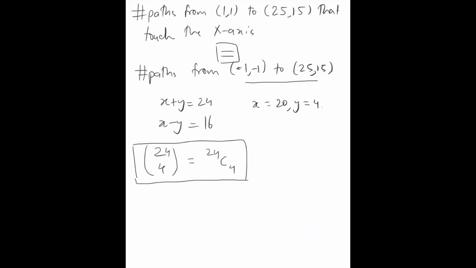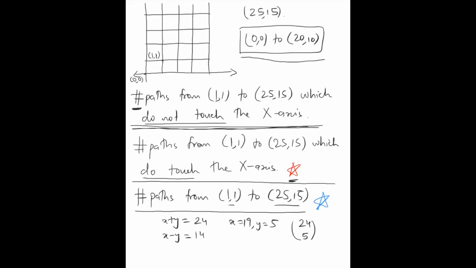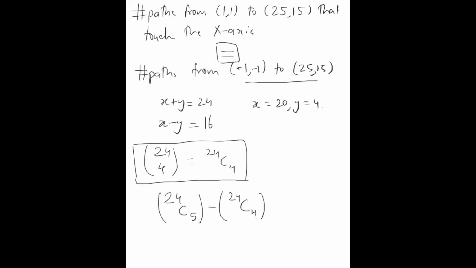So what we had was 24C5 minus 24C4. We got that blue star is 24C5 and we wanted to subtract red star from blue star. So we are going to subtract 24C4 from 24C5. Okay. And that is how we get our answer.